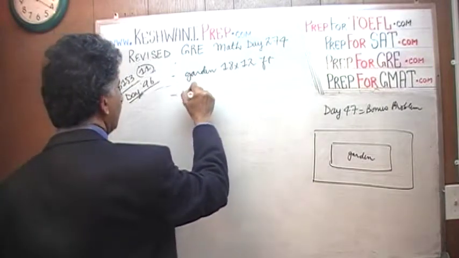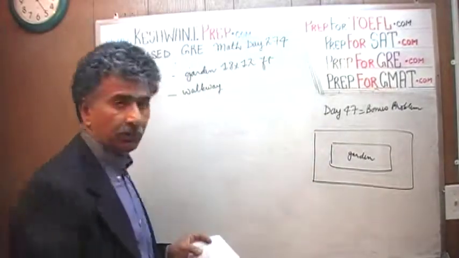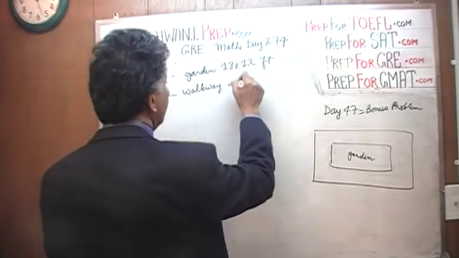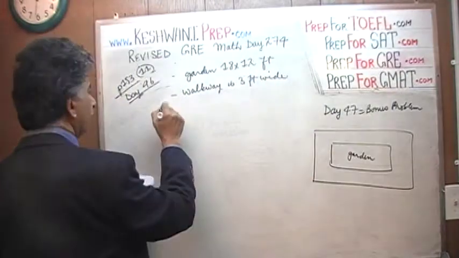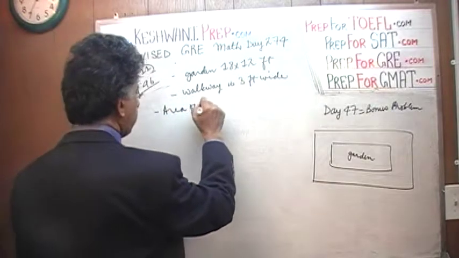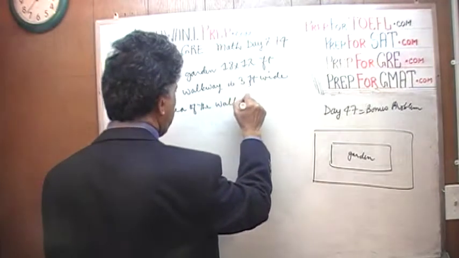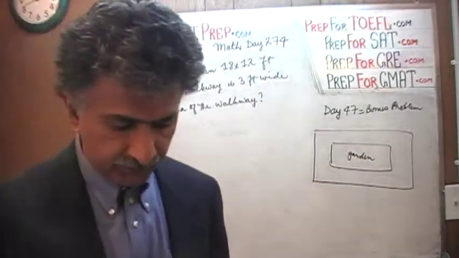We are also told that the walkway that we see around it, the border, is 3 feet wide all the way around. The question is very straightforward: what's the area of the walkway?